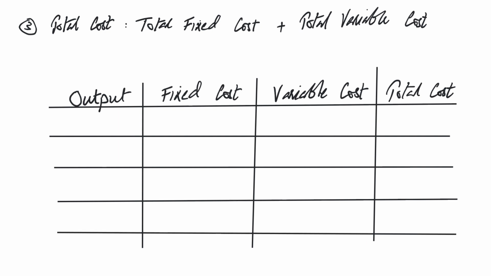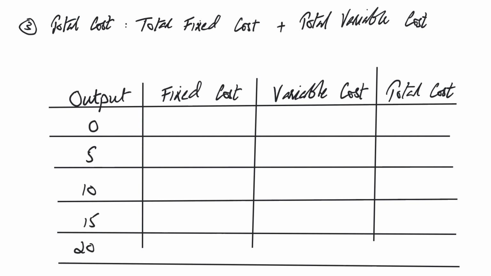Let's say output goes like 0, 5, 10, 15. Let me put 20 also here. We don't have fixed cost, but we have some variable costs like 0, 25, 40, 50, 70.